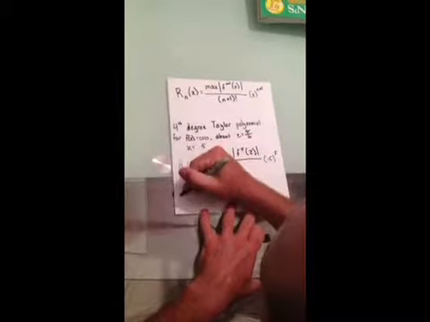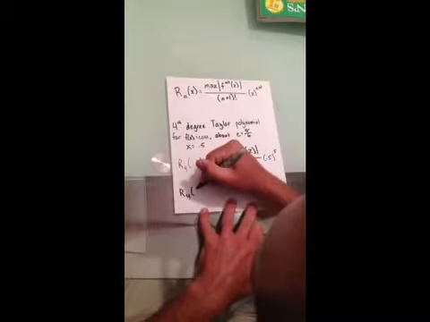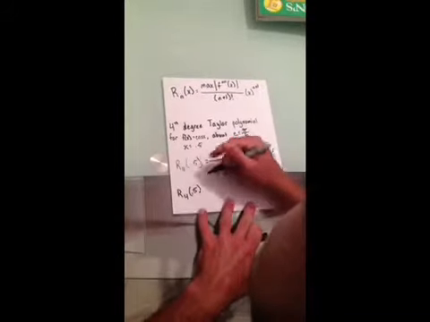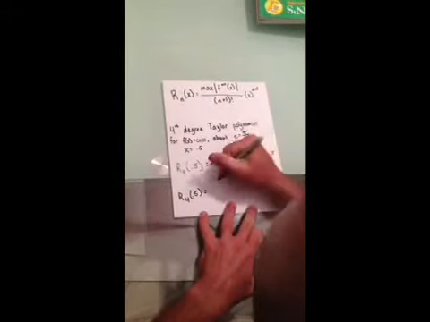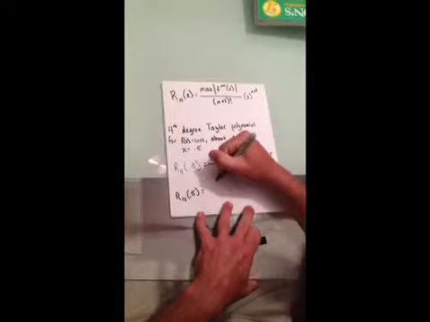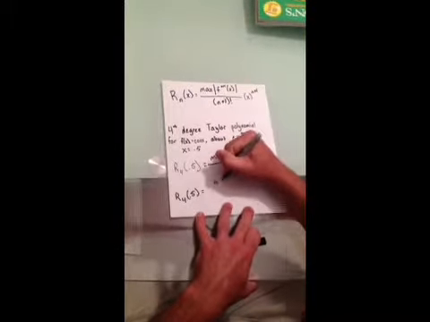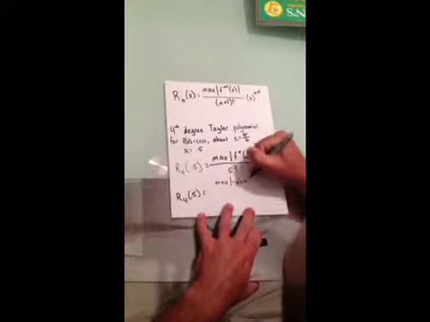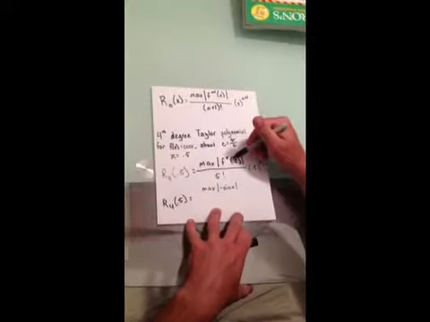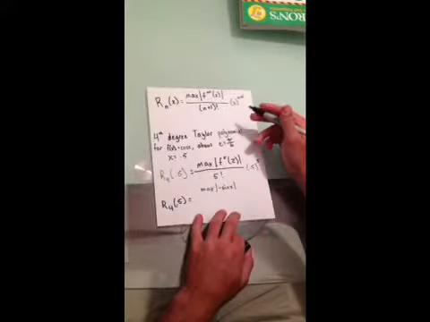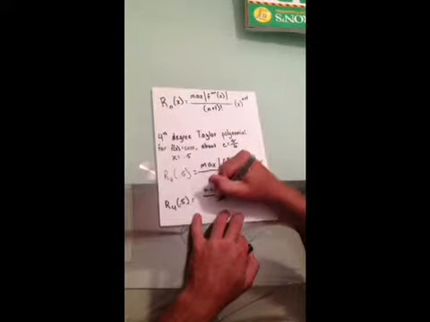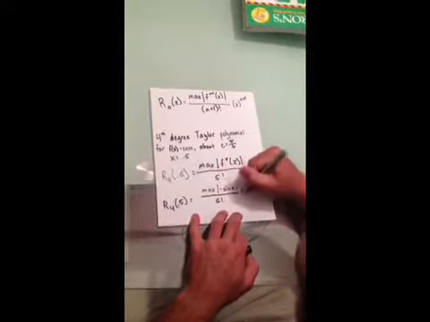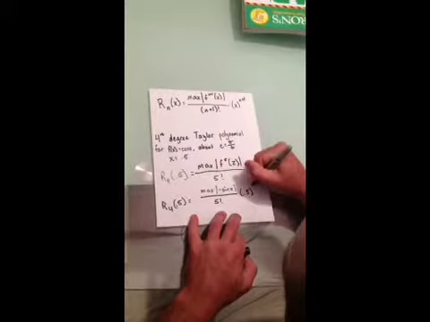So R sub 4 of 0.5 is going to equal the max of the absolute value of negative sine of x, which is the 5th derivative of cosine x, all over 5 factorial times 0.5 raised to the 5th.